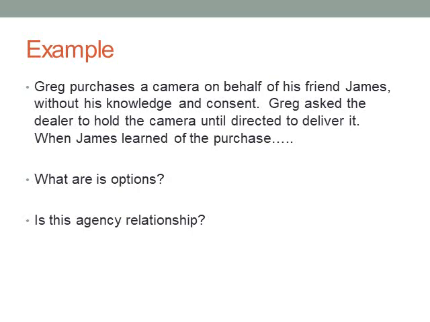So once ratified, James is bound by the contract, just as if Greg had full authority to go and buy the camera. James's responsibility dates from the time of the original contract with Greg, not from the time of his ratification. So that's when it kicks in. At the point when the contract was made, that's when he becomes bound.